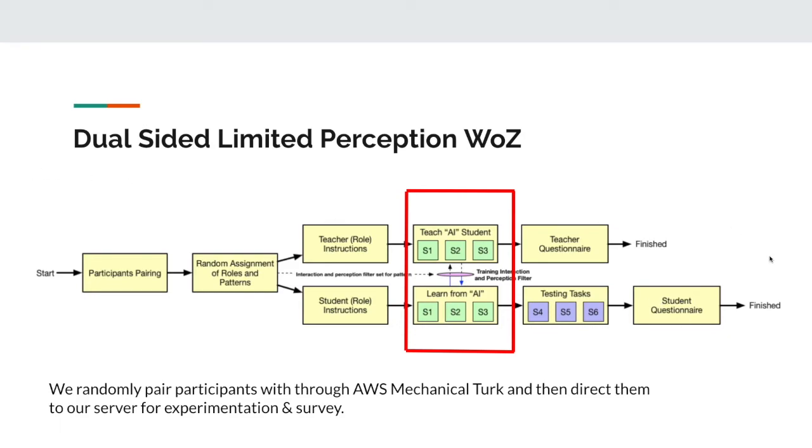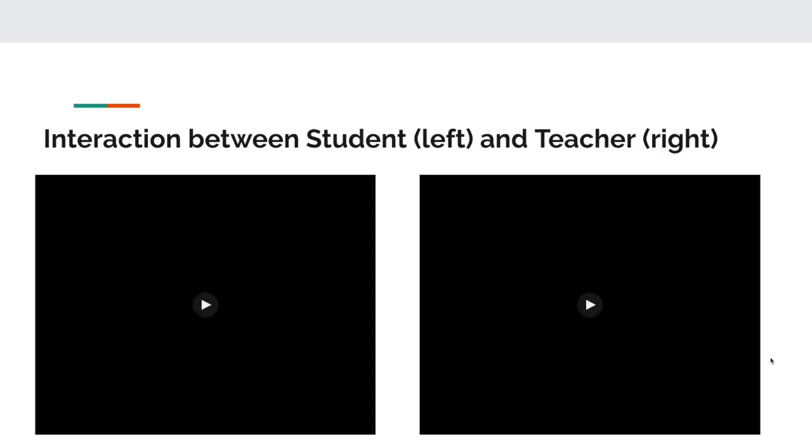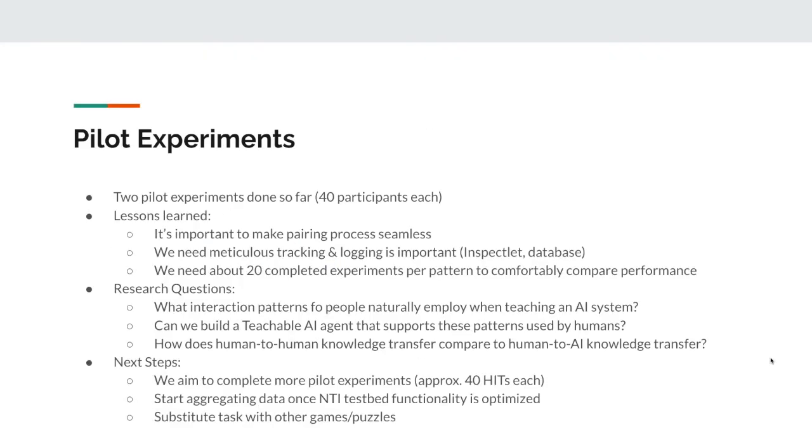This pipeline is task agnostic, meaning we can swap out our current game for another game, but our perception filter lets us control the interaction between the student and teacher. In our early work, we were able to test demonstrate, reward, apprentice, and chat, and getting more data will help us understand which pattern specifically is optimized for building tutoring systems.